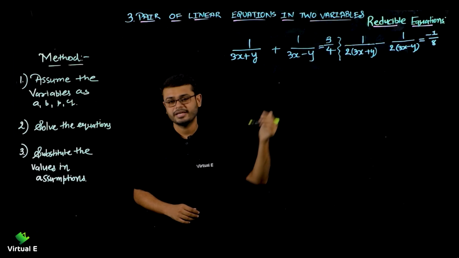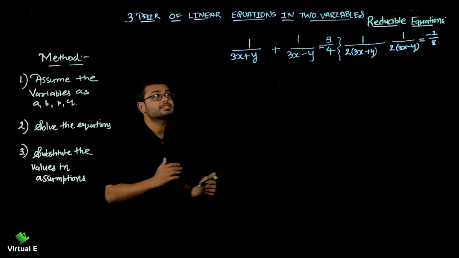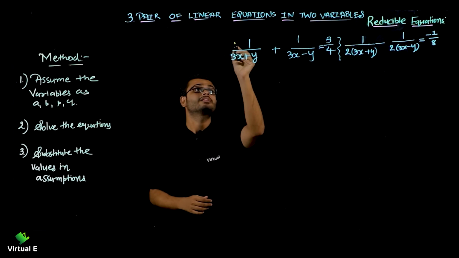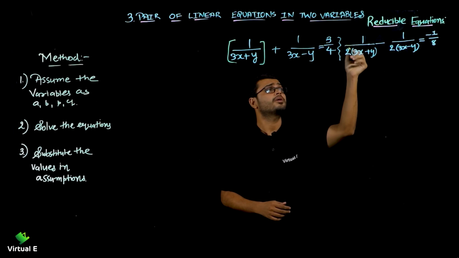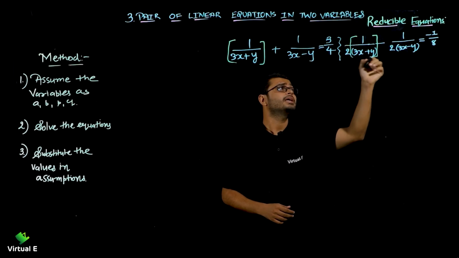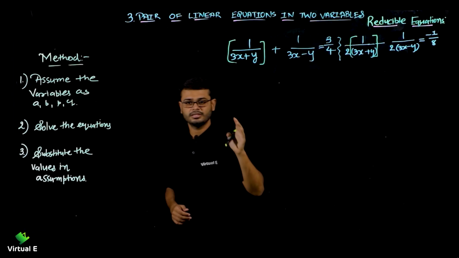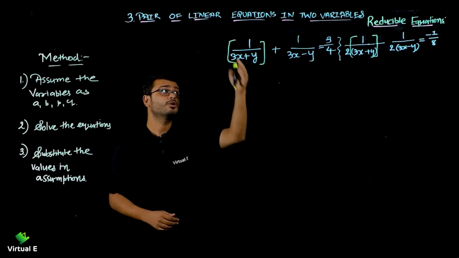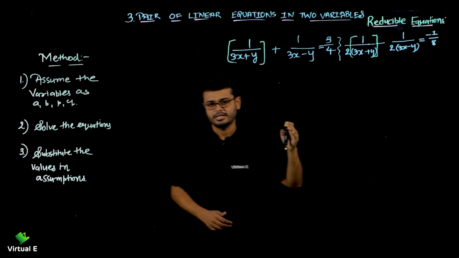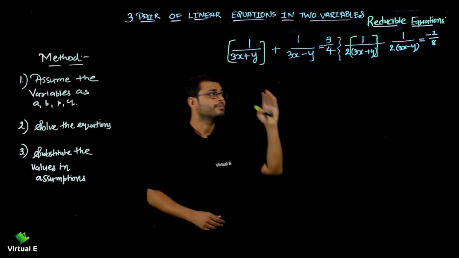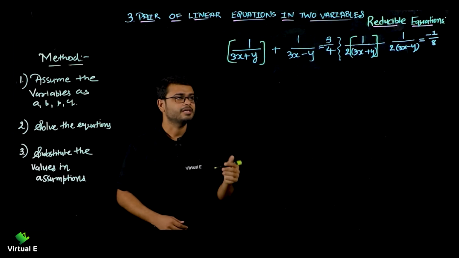See, there is a 1 over 3x plus y and 1 upon 2 into 3x plus y. So this complete fraction is being repeated, 1 over 3x plus y and 1 over 3x minus y. So we are going to replace that with some other variables.